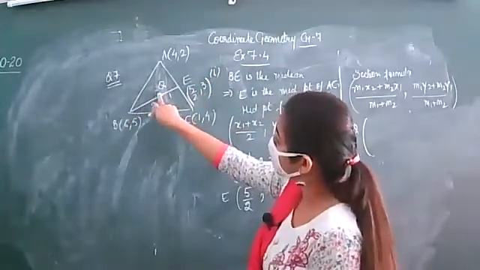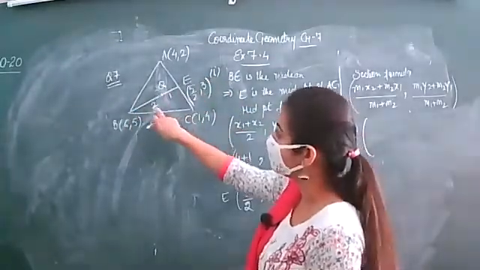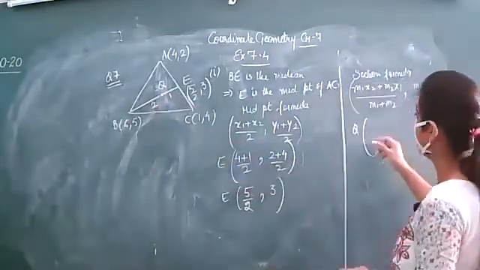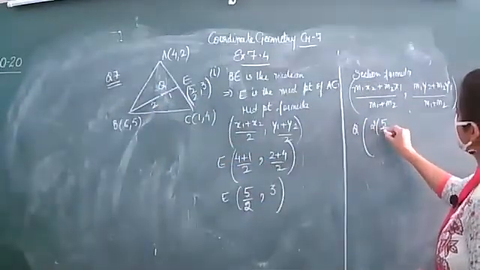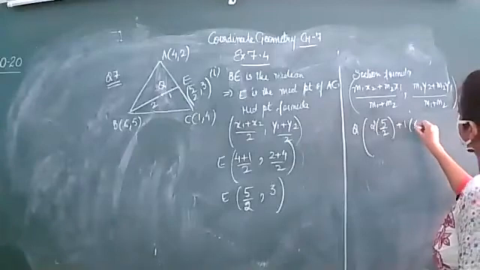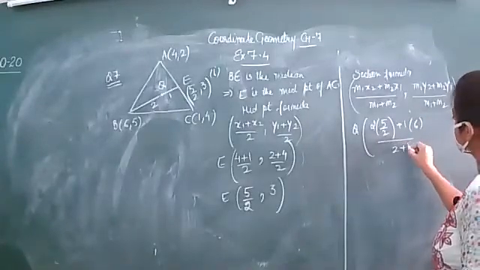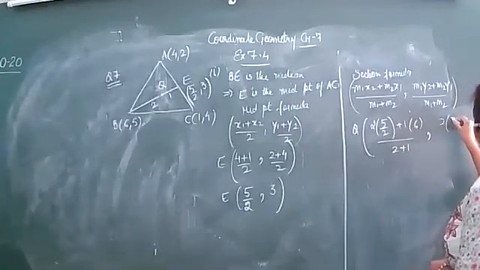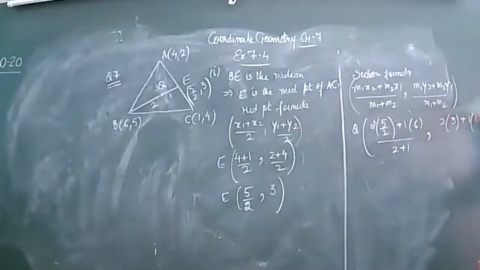Let's find the coordinate of Q by applying the section formula with the ratio 2:1. So 2 multiplied by 5 by 2 plus 1 multiplied by 6, upon 2 plus 1, and 2 multiplied by 3 plus 1 multiplied by 5, upon 2 plus 1.